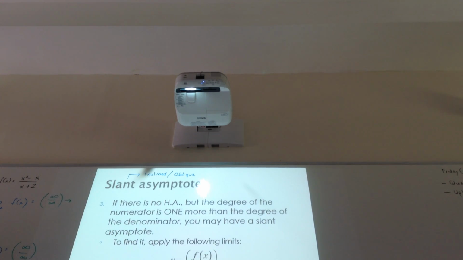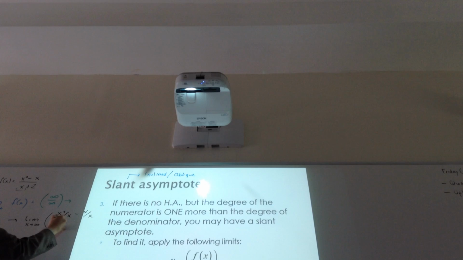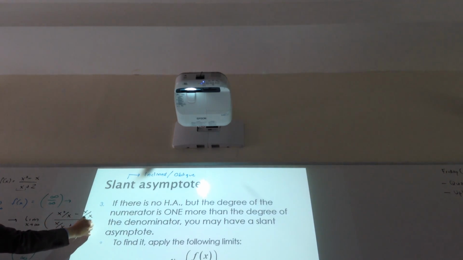And if that happens, what? We're going to apply the limit, but we're going to divide by x. So x squared divided by x minus x divided by x over x divided by x plus 2 divided by x.